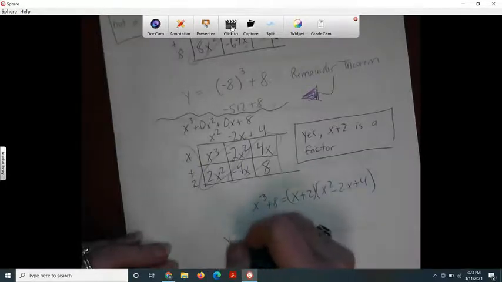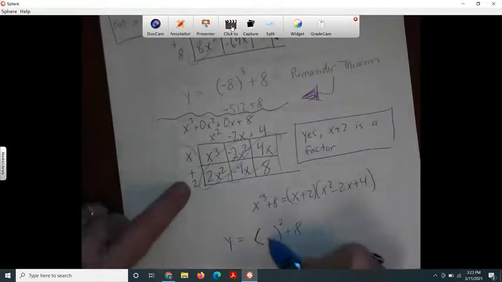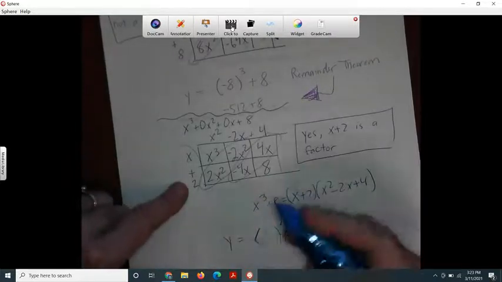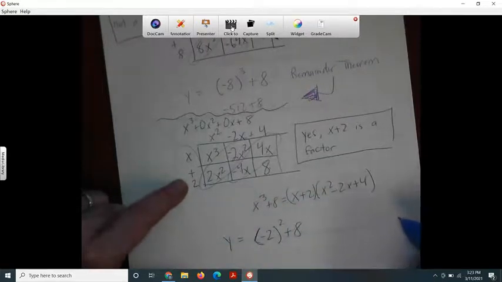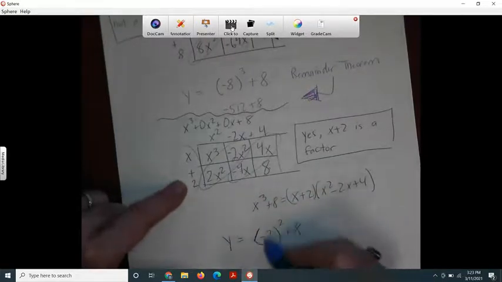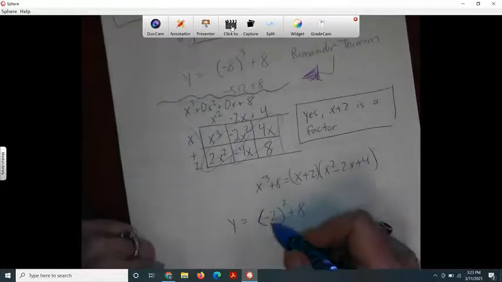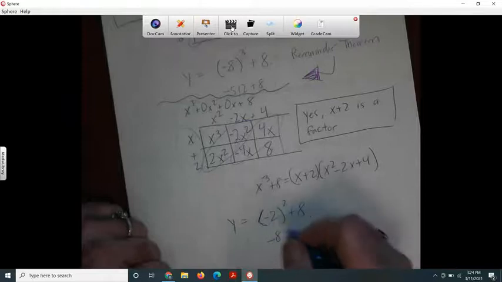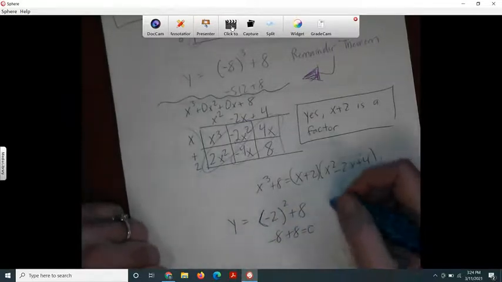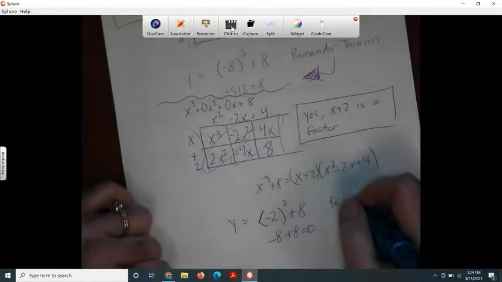So in this case, maybe this would be the faster way to do it anyway. Negative 2 times negative 2 is 4 times negative 2 is negative 8. Oh, okay, so that's called the remainder theorem. Which also just shows that x plus 2 is indeed a factor.